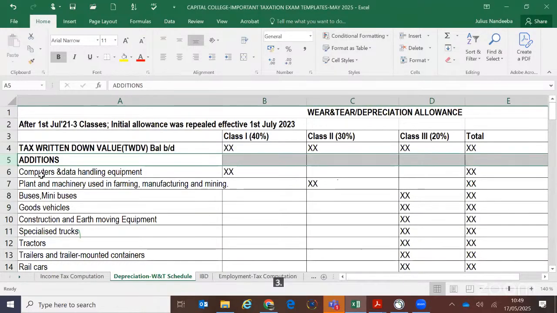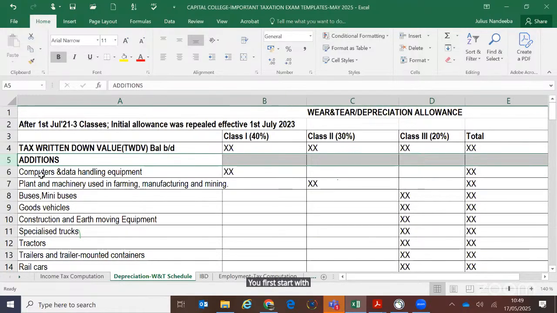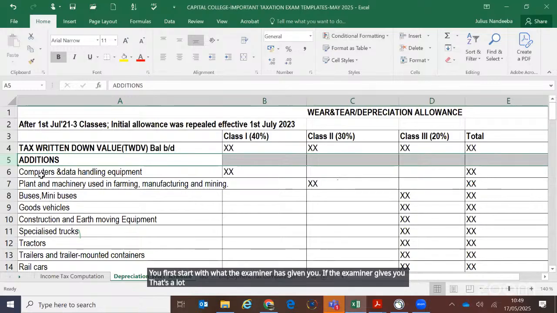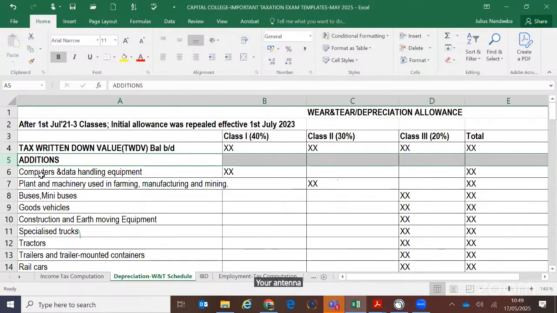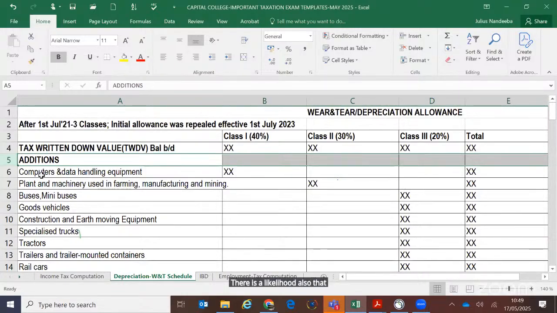Class 2 is also restricted. And how will you know that you're likely to have assets in class 2? You first start with what the examiner has given you. If the examiner gives you that note of classes and you see items in class 2, your antenna should also remember that now that the examiner has given me opening balances, there is a likelihood that in additions, I'm likely to have assets in class 2.